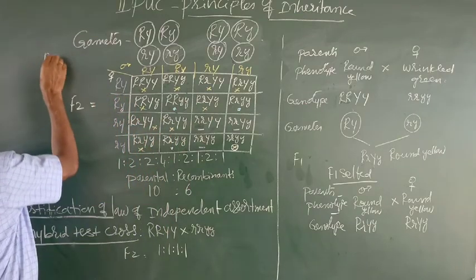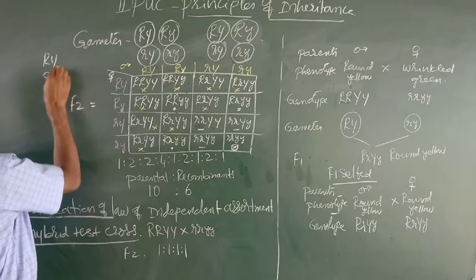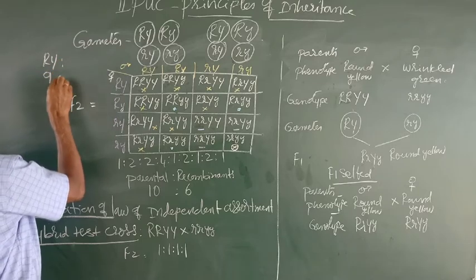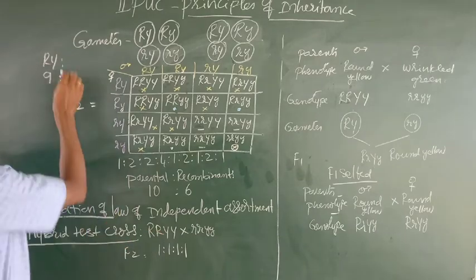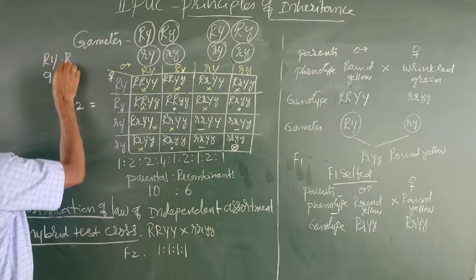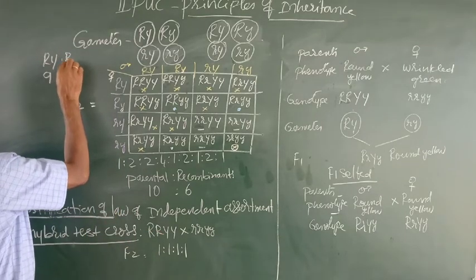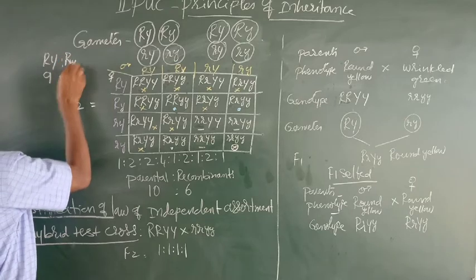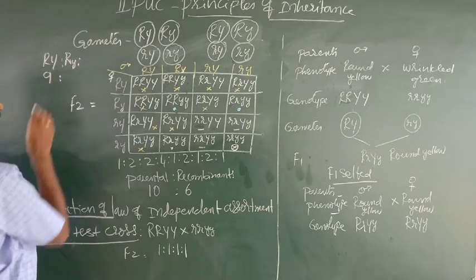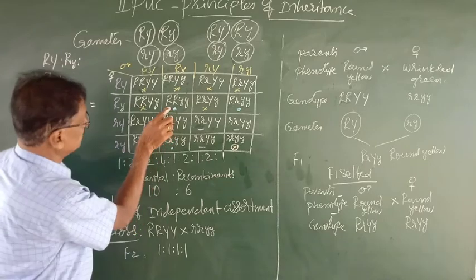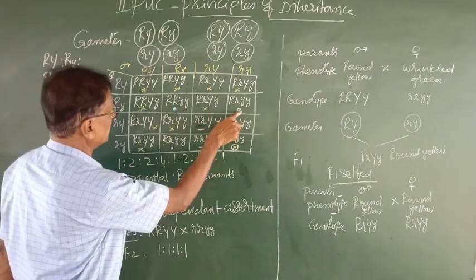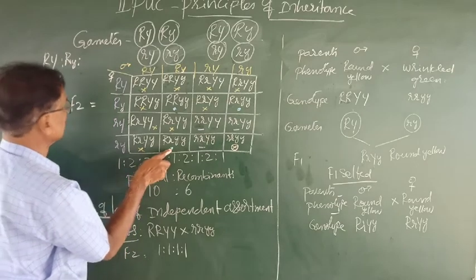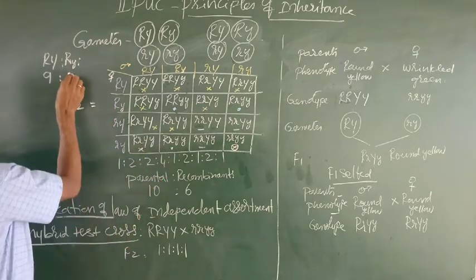So round yellow is 9. That is a parental one. Next, round green, how many are there? Observe, this is round green, round green, round green. That means they are 3.